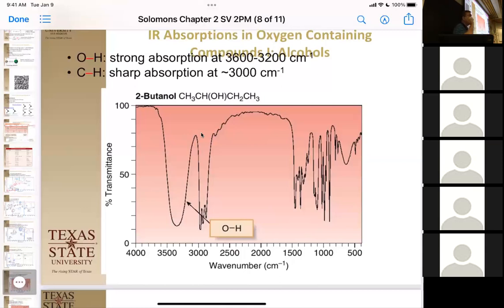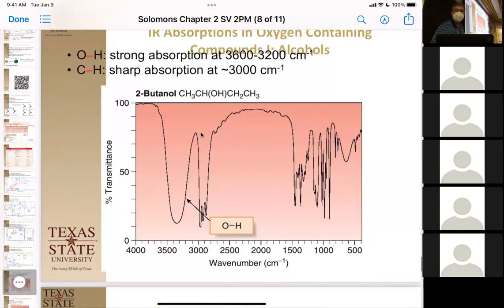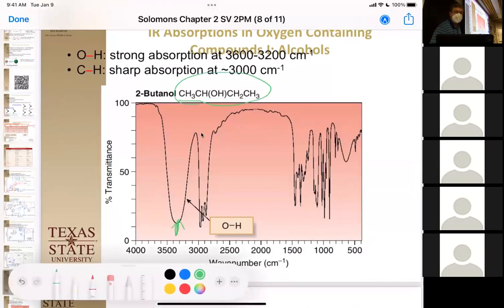But that big wide peak is always above 3000 and usually centered around 3200. So 3200, 3300. That's important because that changes when we go to a carboxylic acid. So 3200 to 3300, always above 3000, big and broad. Now, in this case, we're looking at a compound that doesn't have any double bonds.